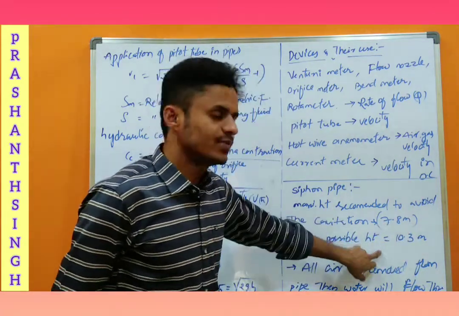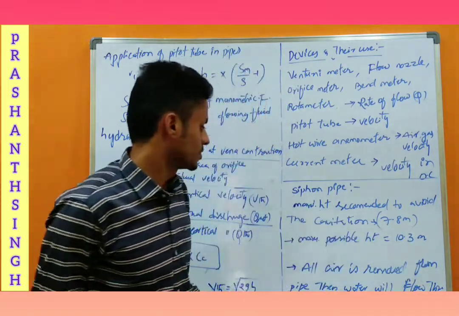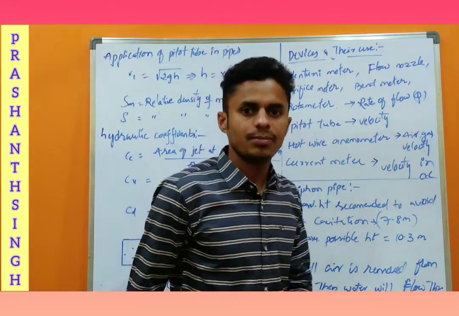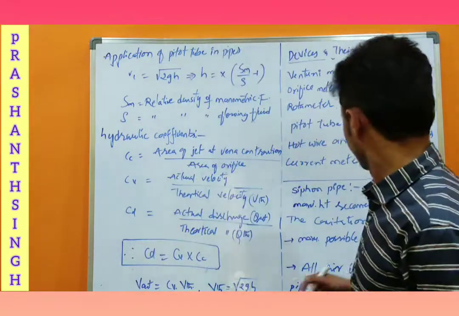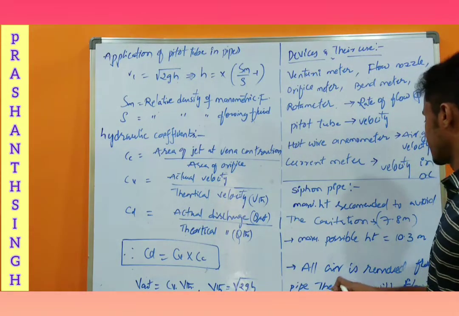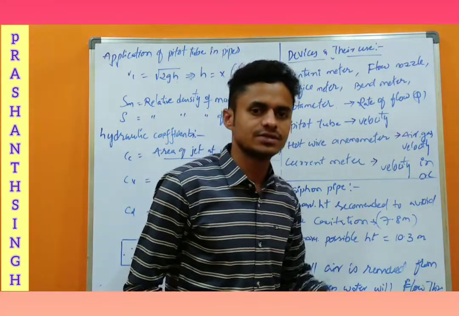The maximum possible height is 10.3 meters. Before using the siphonic pipe, all the air is removed from the pipe. Then water will flow through it.